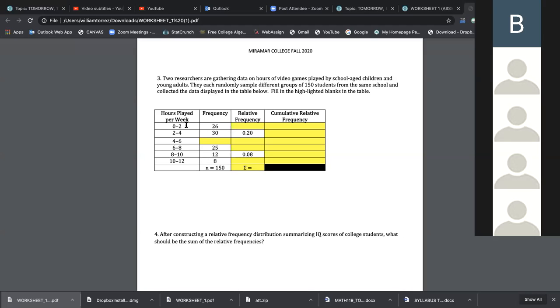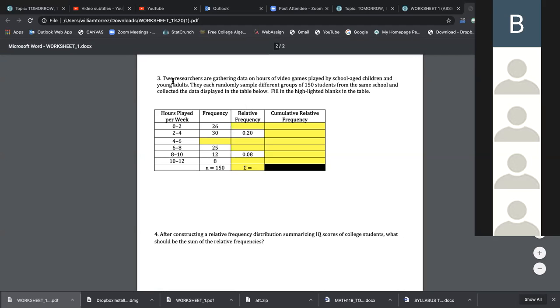Some students don't play very often, and maybe the variable is the number of hours played during a time window. So some students may only play video games, let's say between 0 and 2 hours, others strictly between 2 and 4, and so on.